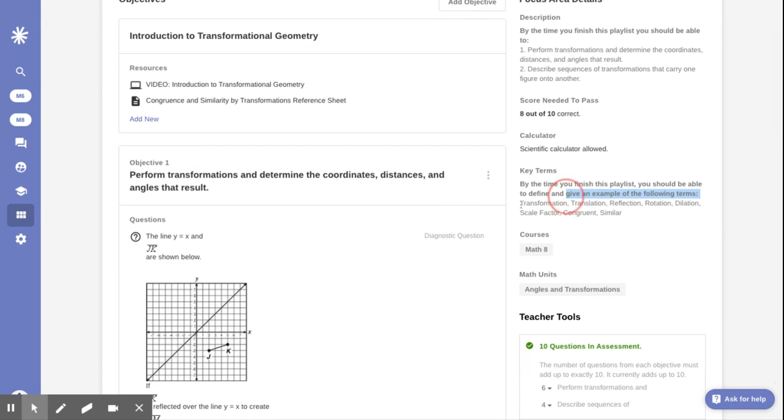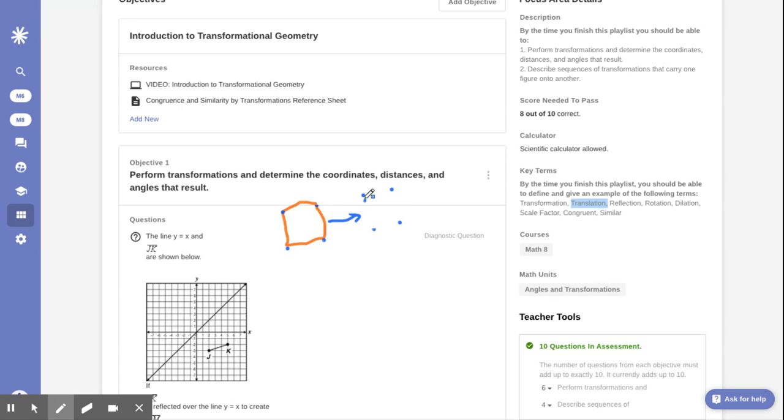So I want you to look at these vocabulary words really first. A transformation just means something changed. That's all that means. A translation. So the translations. Let's say I have this square here, and I took every point on the square, which would be these four right here, and I moved it all, say, 9 units right.